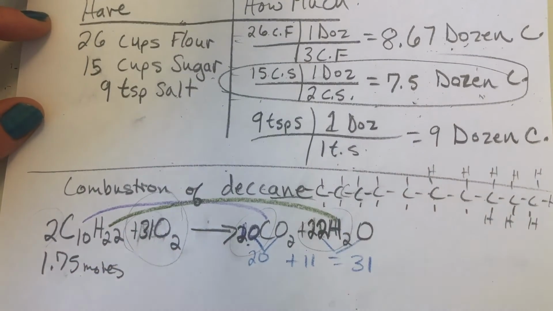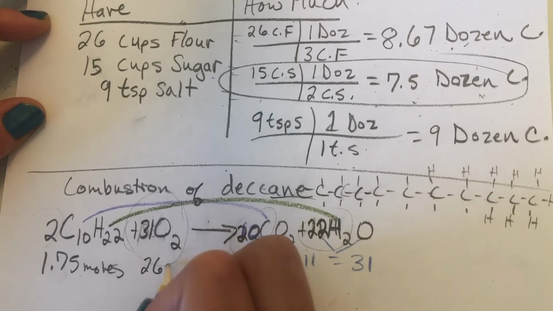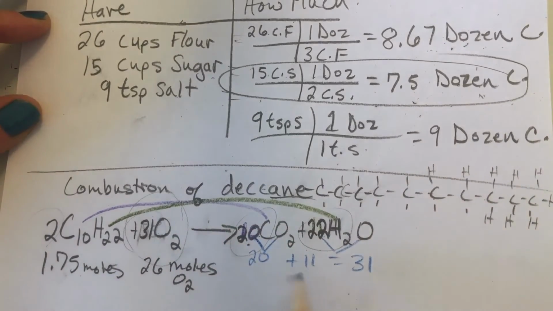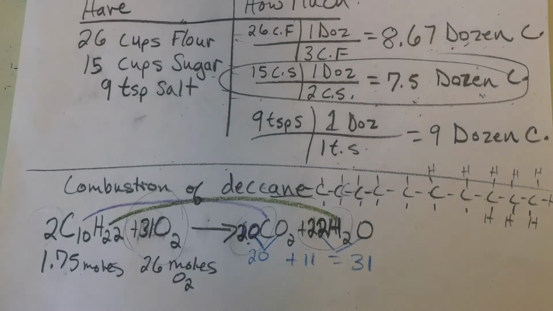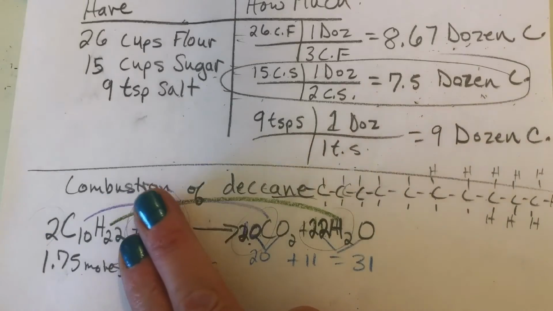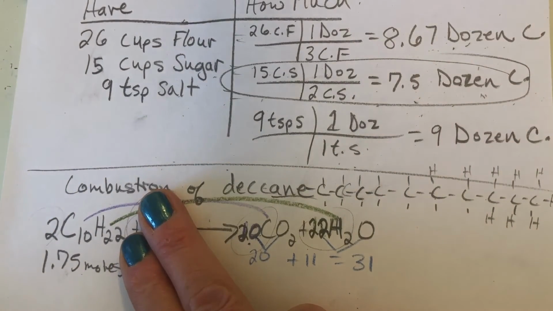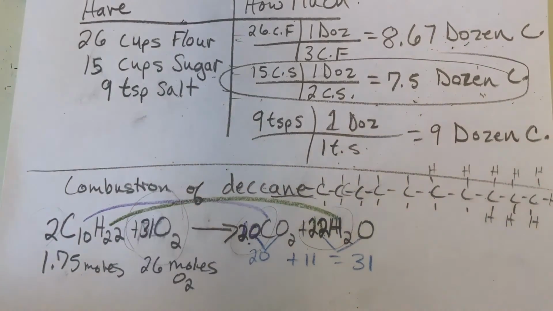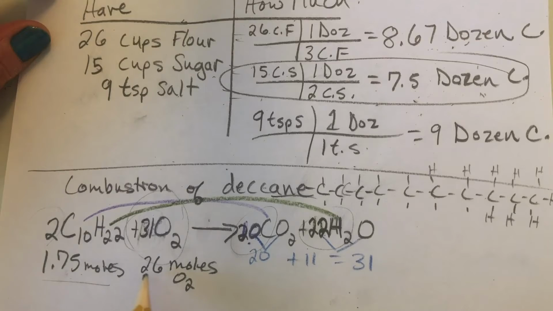And let's say we limit the amount of oxygen and we only have 26 moles of O2. Now that's weird because if you were burning decane in the open air, you'd have unlimited supply of oxygen and automatically your decane would be your limiting reagent. But since we told you we have 26 moles of oxygen, we're going to assume it's not in open air. And one of these is going to be the limiting reagent.